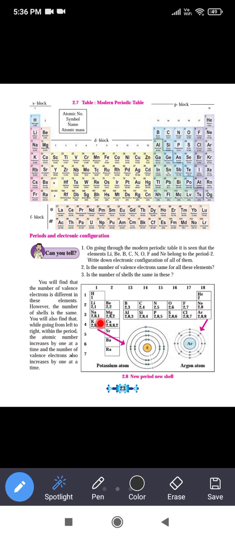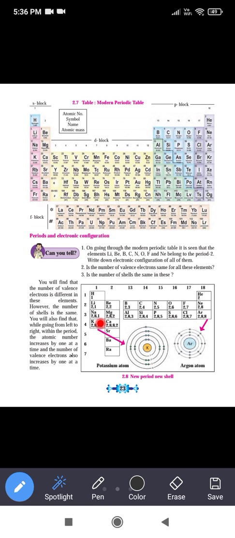Now see the third period's elements. The first element is sodium. Its electronic configuration is 2, 8, 1. Next one is magnesium. Its electronic configuration is 2, 8, 2. Aluminium 2, 8, 3.